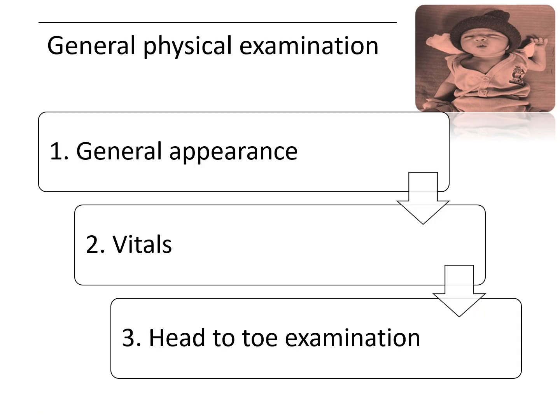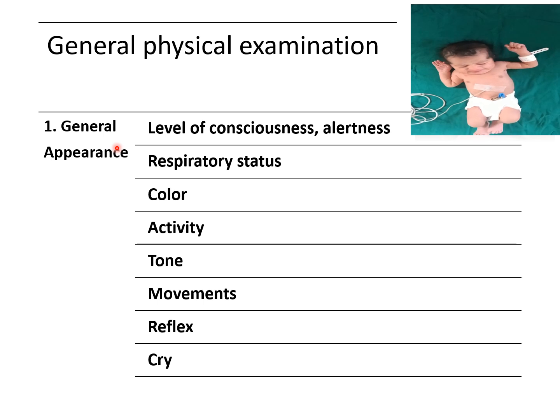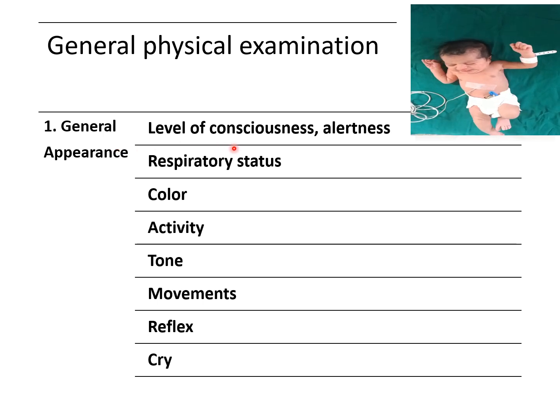After development and anthropometry, general physical examination should be performed. In this, first we have to see the general appearance of the baby, then vital parameters, then head to toe examination. In general appearance, we have to check the level of consciousness, alertness, then respiratory status, whether normal respiration or any sign of respiratory distress, then color, activity and tone, then movements, then reflex and cry.